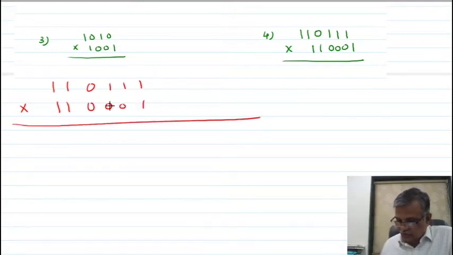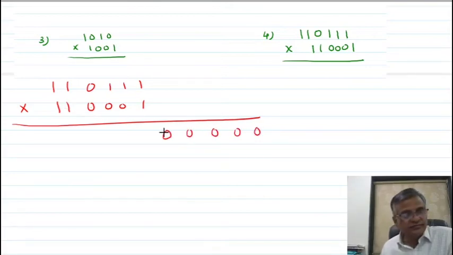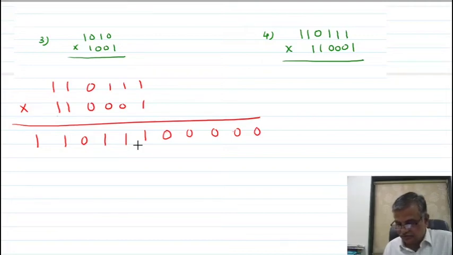See 1 2 3 4 5. So I am writing 5 here. 1 2 3 4 5. Then 1 multiplied by this, so you can write the entire thing this way. So 1 2 3 4 5, 1 2 3 4 5. Then this multiplied by this, so I have written it as it is, you know this.